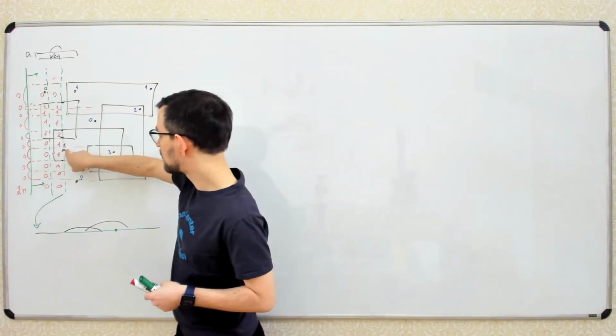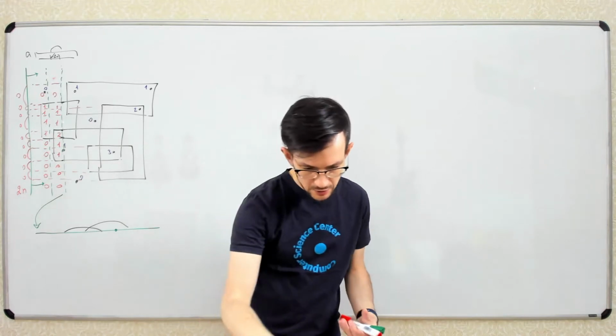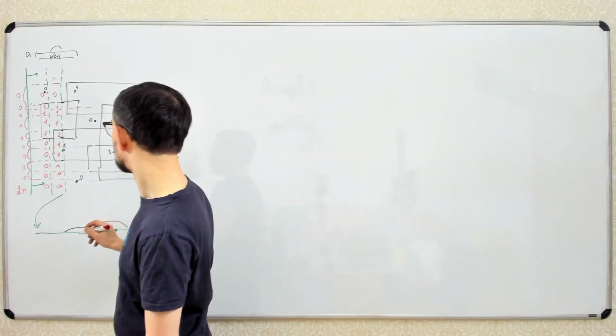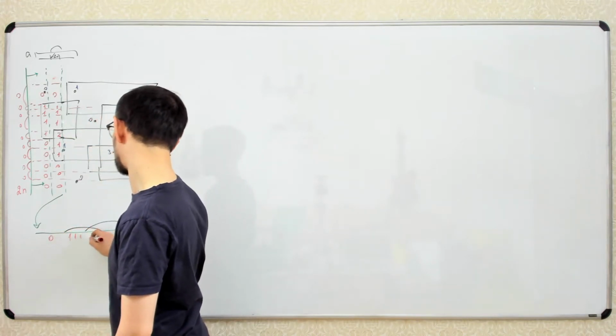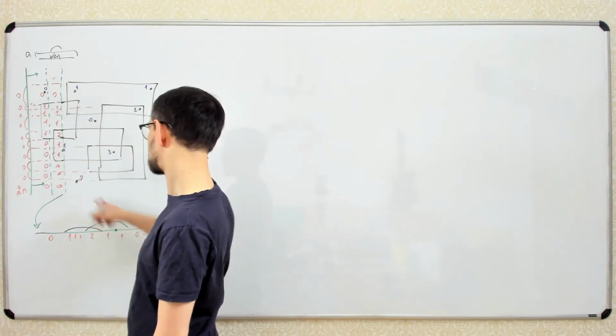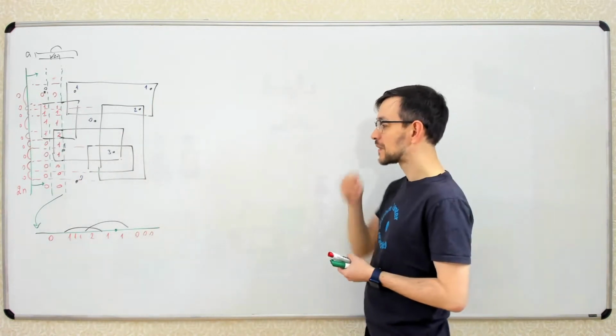So now we have this point. When we have this point, we have this state of the data structure. In this data structure, we have something like 0, then 1, 1, 1, 1, 1, 1. Here we have 2. Here we have 1, 1, 0, 0, 0. So this is just this state rotated 90 degrees, right?